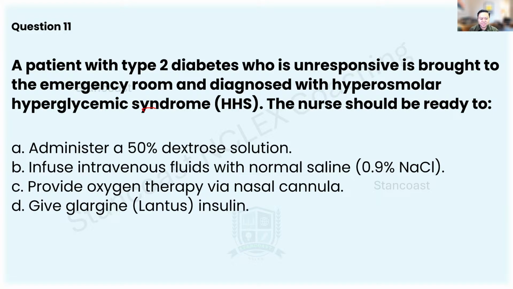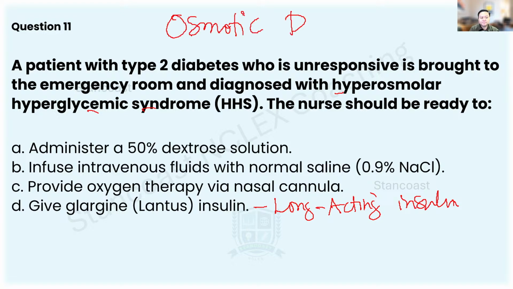If you answered letter D, Lantus or glargine insulin, for you to eliminate this option, you've got to identify what type of insulin this is. This is a long-acting insulin. Your patient with the hyperosmolar hyperglycemic syndrome is experiencing osmotic diuresis, right? There's way too much glucose spilling from their kidneys because their renal threshold has been overwhelmed.